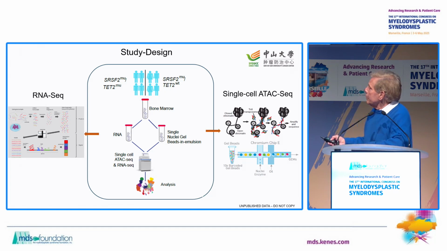We had 4 subjects that had a co-mutation, and then 4 that have mutation in SRSF2, but wild-type TET2. Bone marrow cells were extracted for RNA for transcriptome analysis, and then single-cell nuclei for ATAC-seq, so we could see the regulatory features.